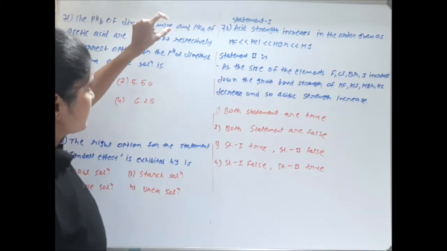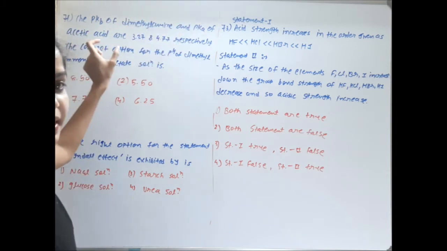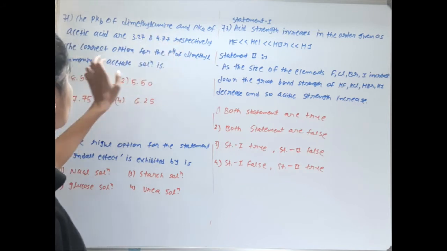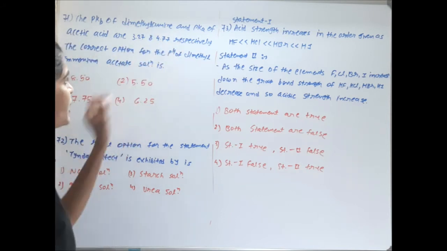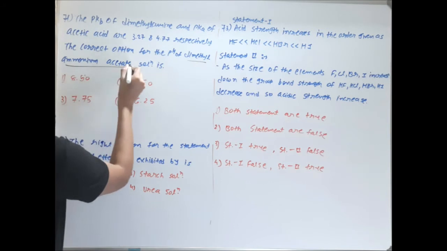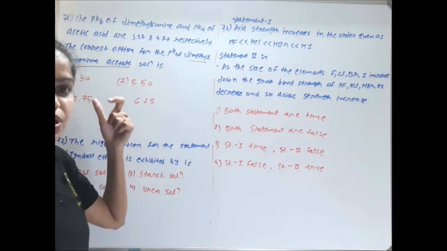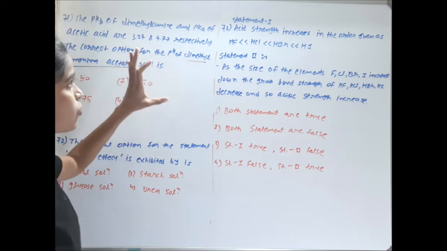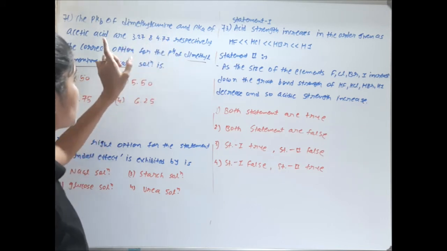The pKb of dimethylamine and pKa of acetic acid are 3.27 and 4.77. The correct option for the pH of dimethyl ammonium acetate. Dimethyl ammonium acetate is a buffer solution. So how to find the pH for this buffer, when the given values are pKa and pKb?